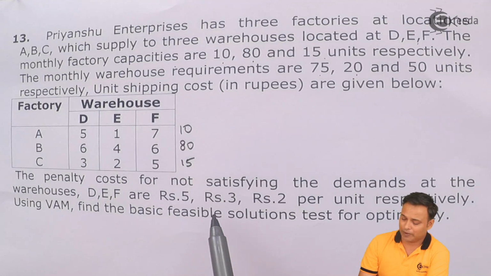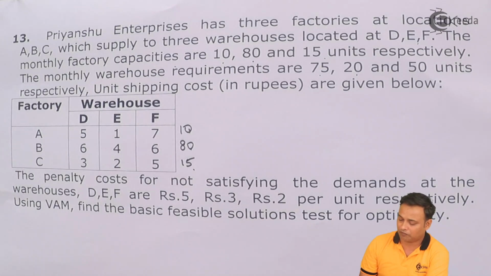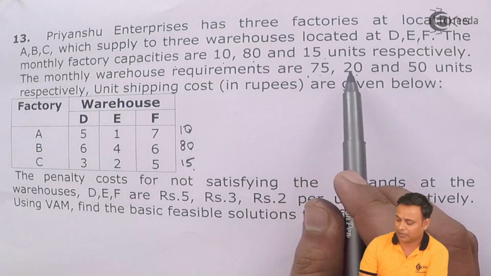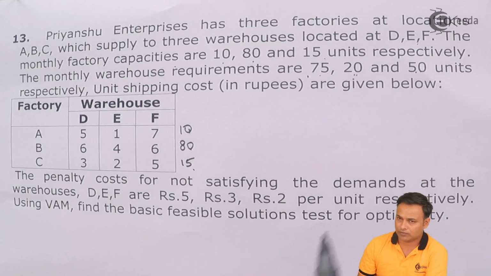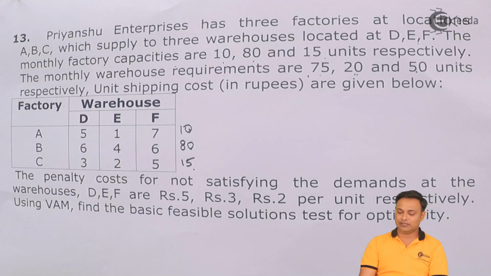So let's check whether this balances or not. I have got 10, 80 and 15, which comes to 105, whereas if I go by the demand, I have 75 plus 20 plus 50, which comes to 145. So I can say the problem is not balanced.